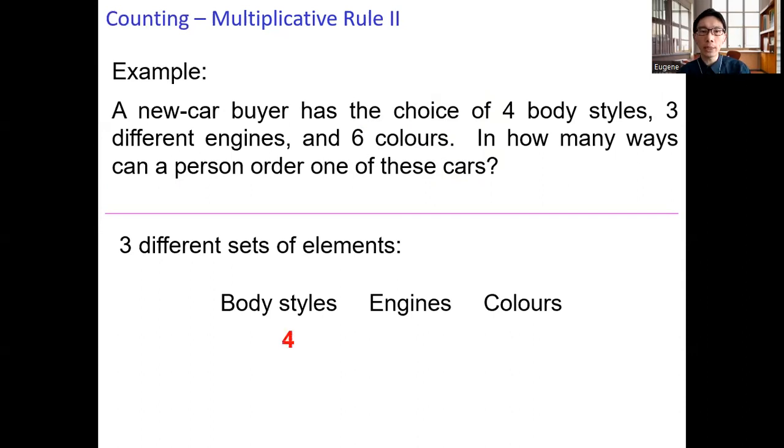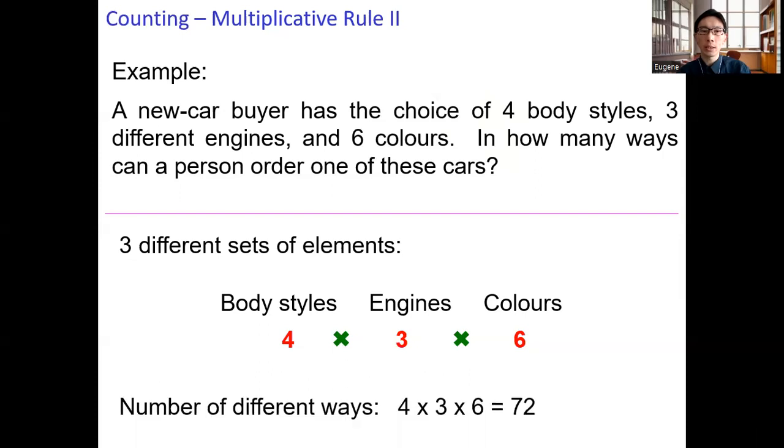So there are 4 body styles, 3 different engines, and 6 different colors. Multiply them together, 4 by 3 by 6. So there are altogether 72 different ways a person can order one of these cars.